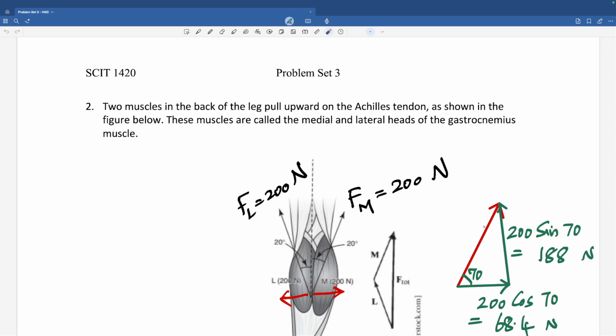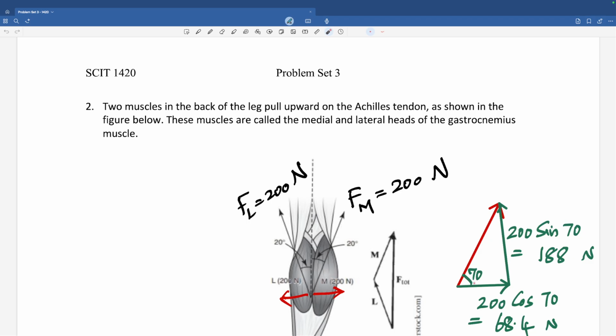And then this is our 200. The red vector is 200, and we have to use trig to break it into its components. I'm not going to go into details here, but from the definition of sine and cosine, the x component will always be whatever the number here, the 200 here, 200 multiplied by cosine of the angle.